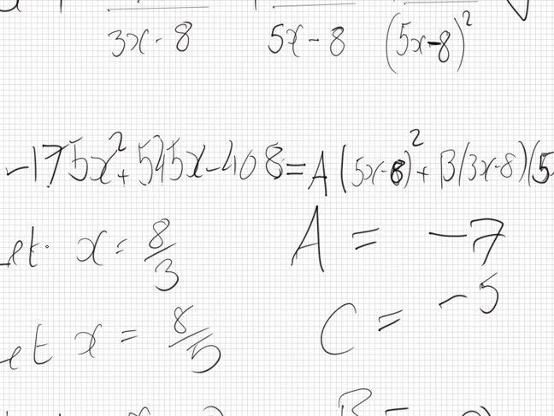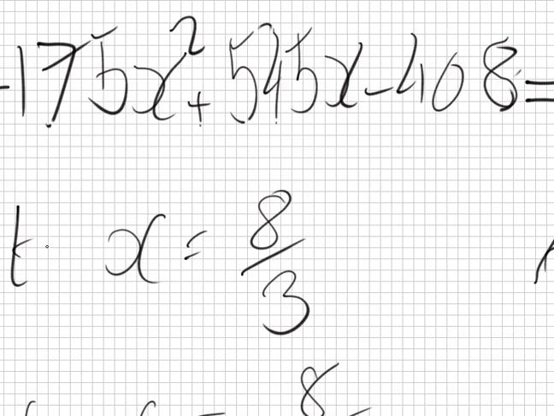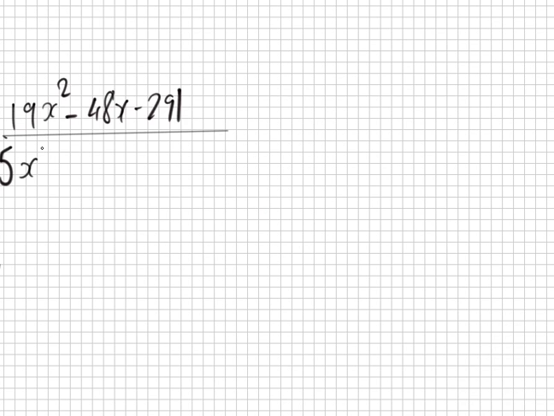Alright, so look at the next one now. Q on page 36. So, fraction Q, 19x squared minus 48x minus 291 over 5x cubed minus 57x squared plus 139x plus 105.